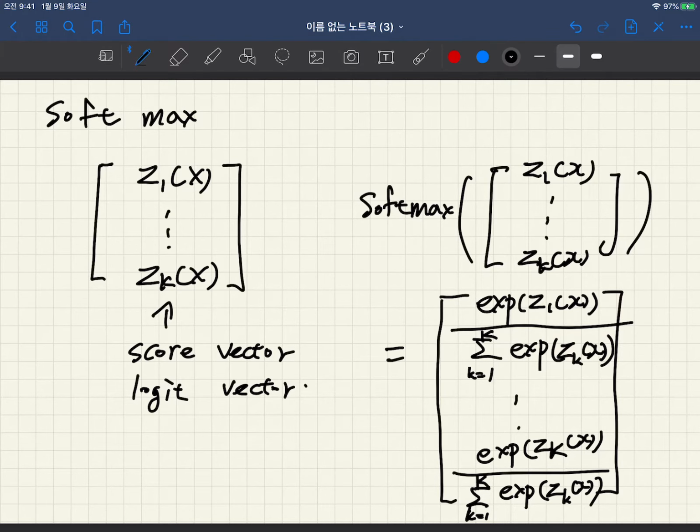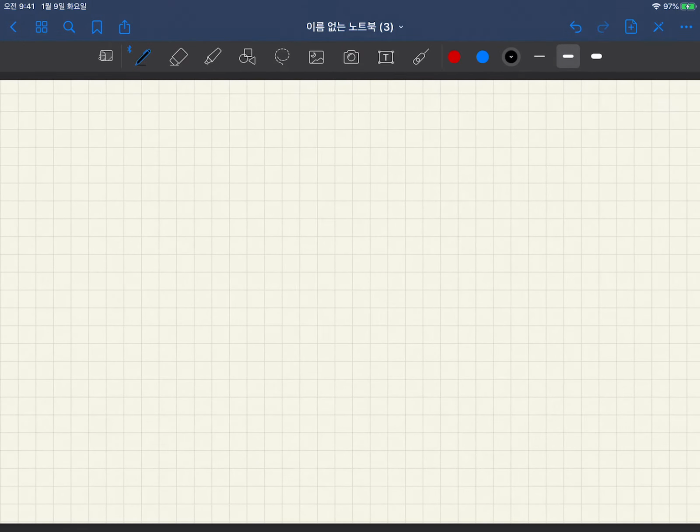So usually we define a score vector first and then take the softmax function so that our output can satisfy the two constraints in the previous slide. Okay, and one special example is the logistic regression, which we have in our textbook.